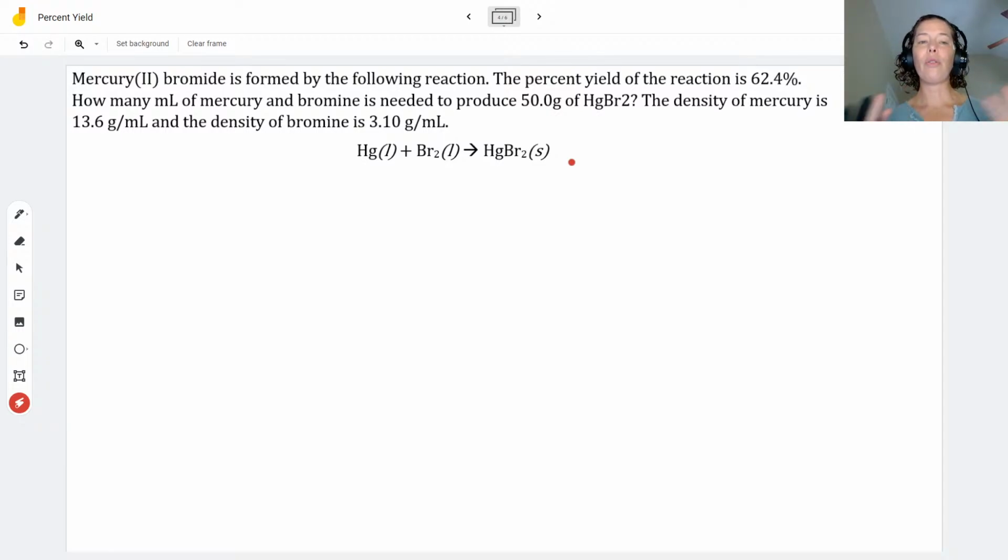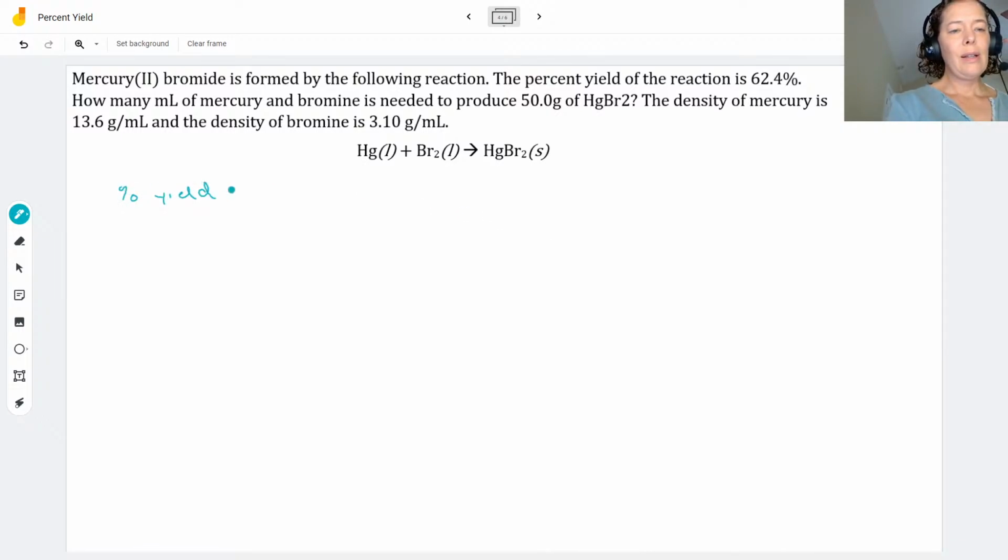So let's walk through this, because we're going to have to do multiple calculations, because we need to figure out how many milliliters of mercury and how many milliliters of bromine we need. So we're going to have a couple of calculations going on here. Okay, so let's start with our percent yield. So percent yield. All right, remember this is your, I'm writing it down backwards.